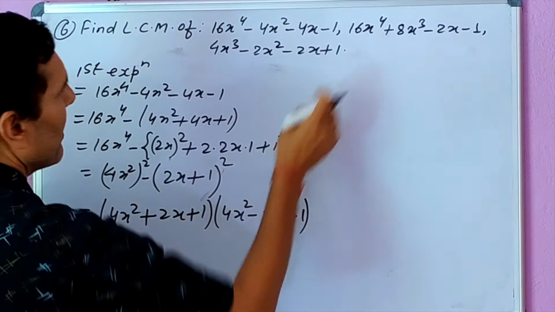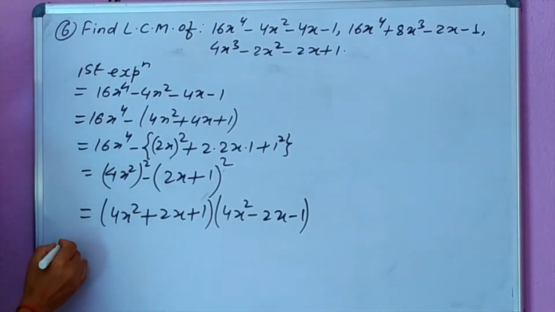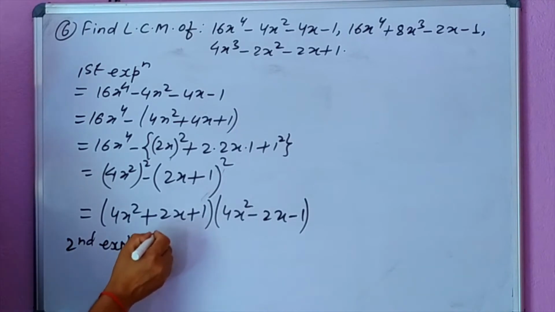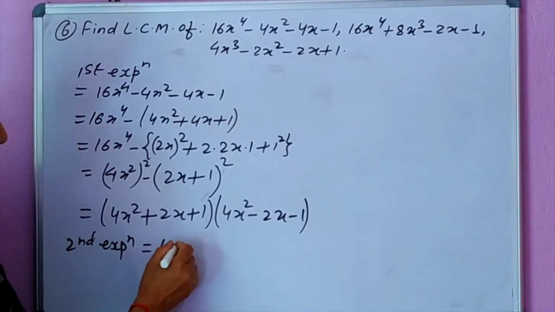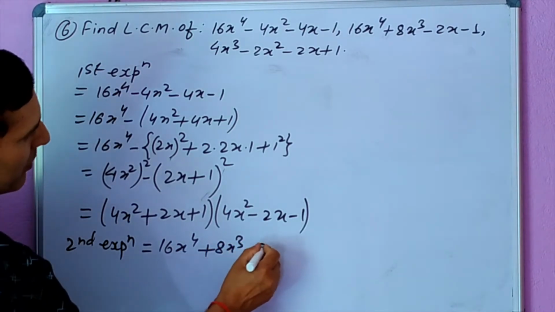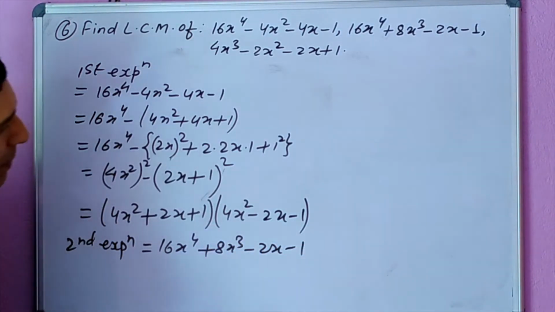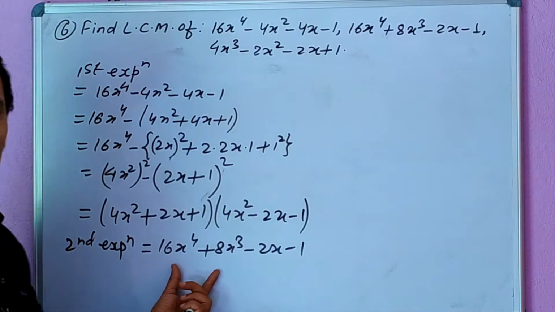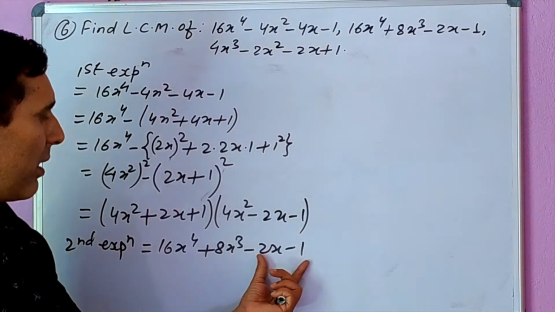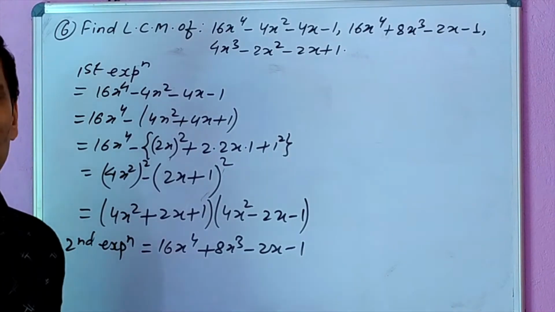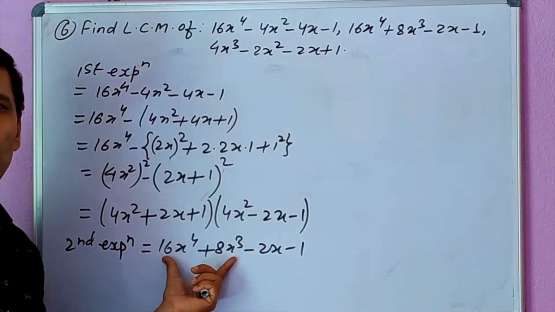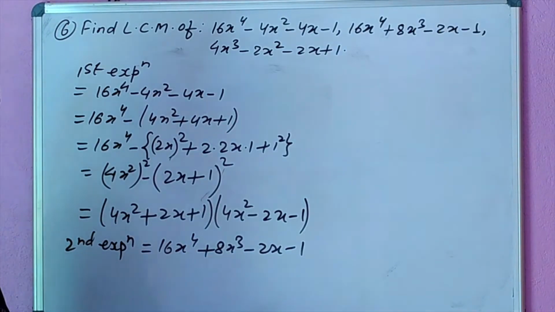Similarly we have the second expression. Second expression: 16x power 4 plus 8x cube minus 2x minus 1. Here we can take common in the first 2 terms, and in the last 2 terms we can take minus 1 common. When we take 8x cube common in the first 2 terms, we get 2x plus 1 in the bracket.